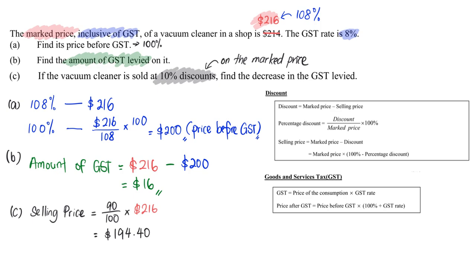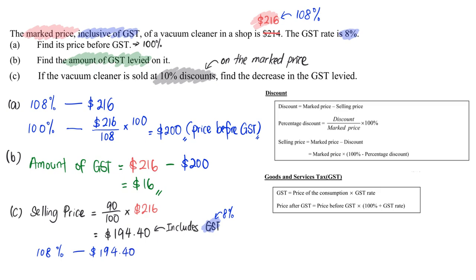Do note that this discounted price still includes GST, and the GST rate is 8%. And therefore, applying what we have tried, the method for part A, then I would then have 108% to represent this $194.40.